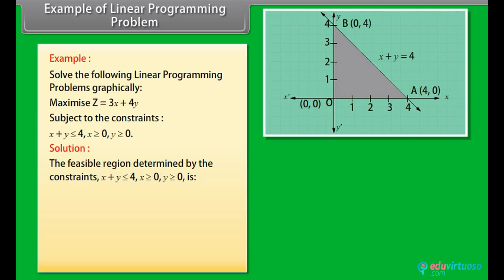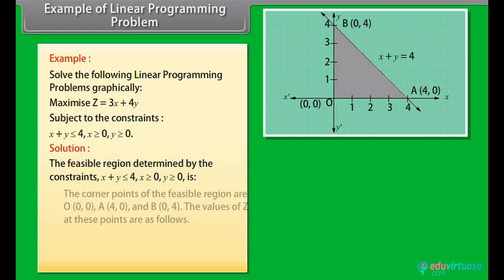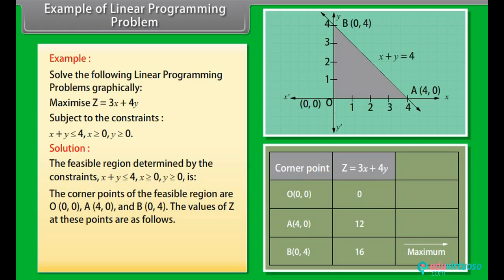The feasible region determined by the constraints x + y ≤ 4, x ≥ 0, y ≥ 0 is given in the figure. The corner points of the feasible region are O(0, 0), A(4, 0) and B(0, 4). The values of z at these points are as follows. Therefore, the maximum value of z is 16 at the point B(0, 4).